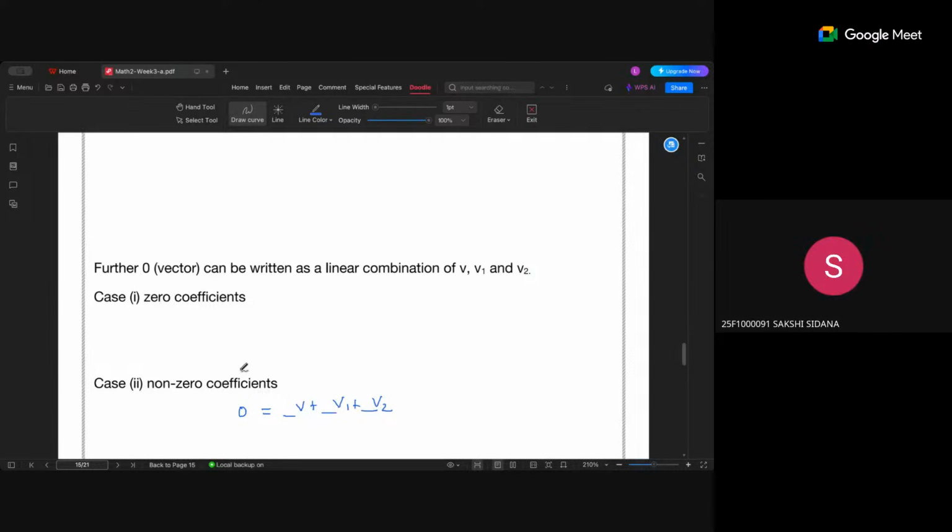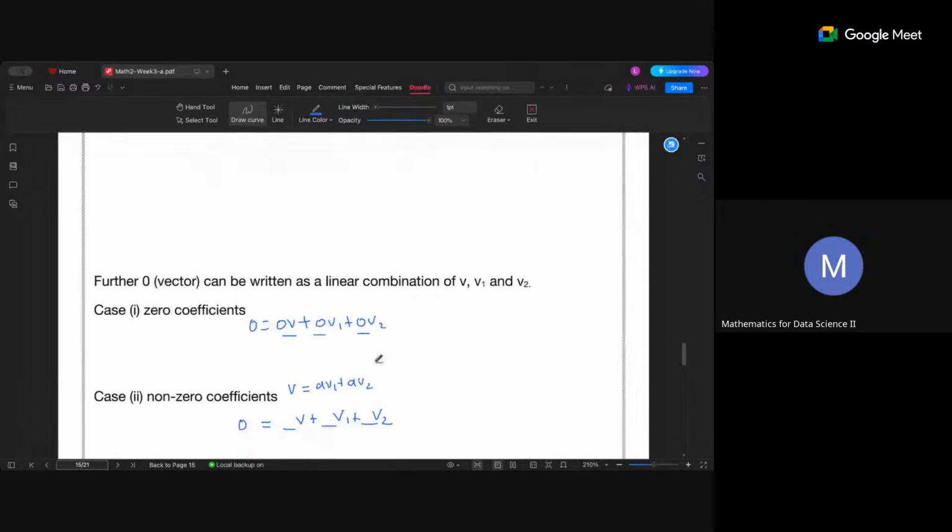You can have zero coefficients, which is obviously one case. What is the other case? Something after which addition or subtraction automatically becomes zero.